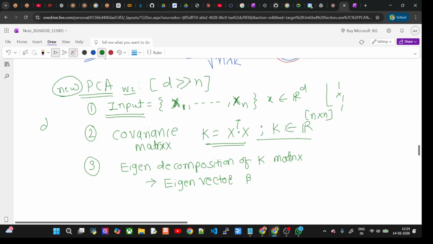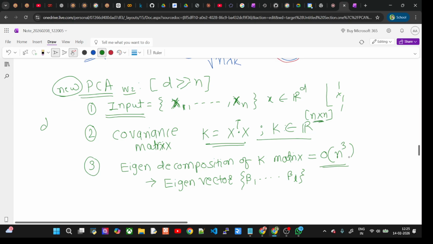Yes, when d is greater than n. So for the eigenvectors, now it's beta 1 till beta l. Make sure, you know that the eigenvector calculation earlier was d cube. That eigen decomposition was d cube, but in this case the time complexity is n cube, because now you are not doing d cross d, you are doing n cross n.